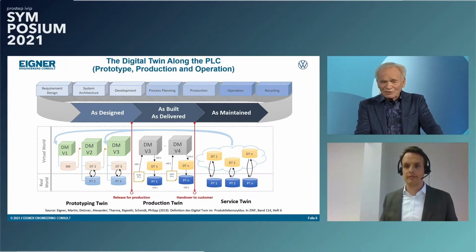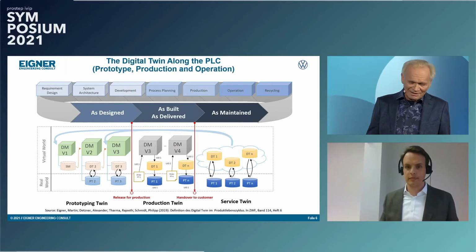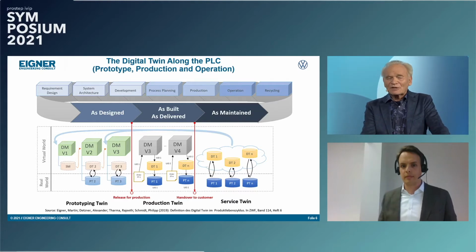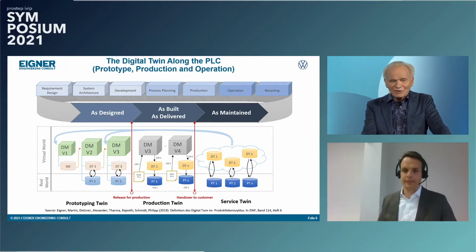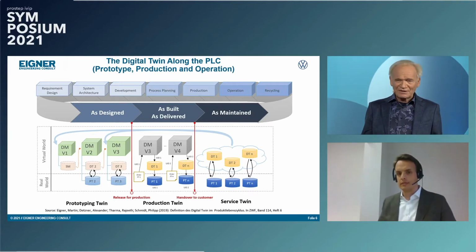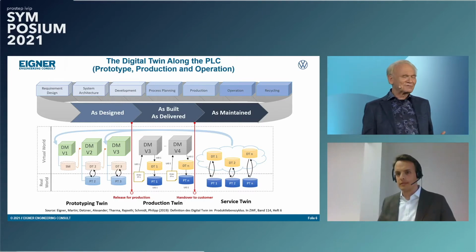We come to the prototyping twin. In the early development phase, we have the production twin. And once again, after the release of the product, after the production, as-built, as-delivered bill of material, we start with the operational twin or the so-called service twin, as-maintained. And the service twin, typically once again, is a prerequisite for a service-oriented business model.